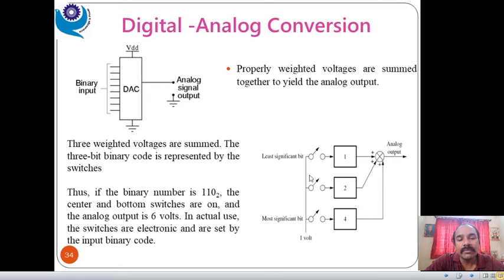Similarly, if we take one more example, suppose 1 0 1. So this switch is closed, this switch is open, and again this switch is closed. According to that, we get 2 voltages at this point, which is again different from the previous one. Means in short, for the 3 inputs, the total number of combinations will be 8, that is from 3 times 0 to 3 times 1: 0 0 0, 0 0 1, 0 1 0, up to 1 1 1.